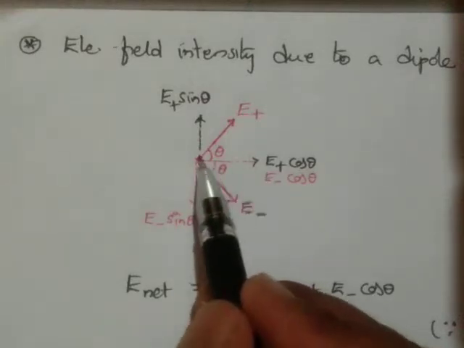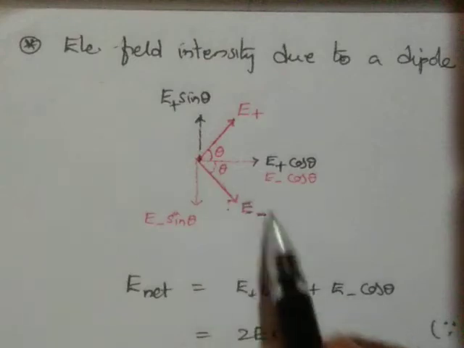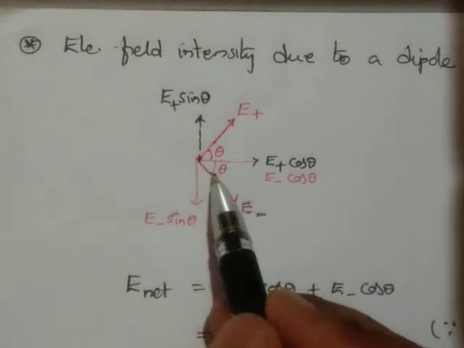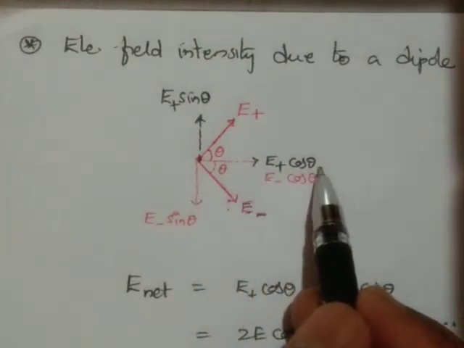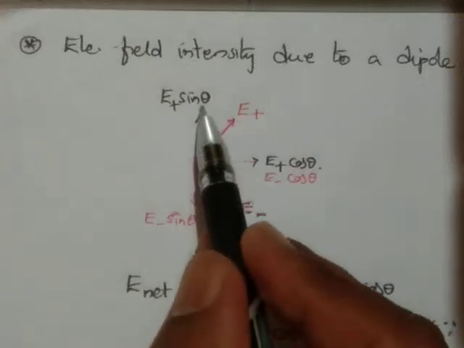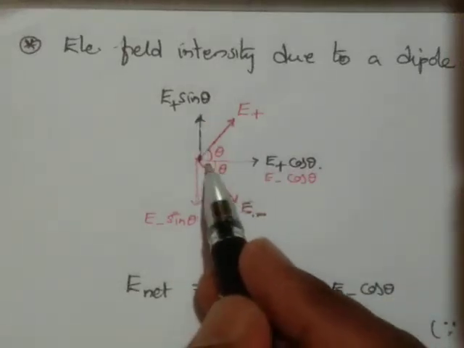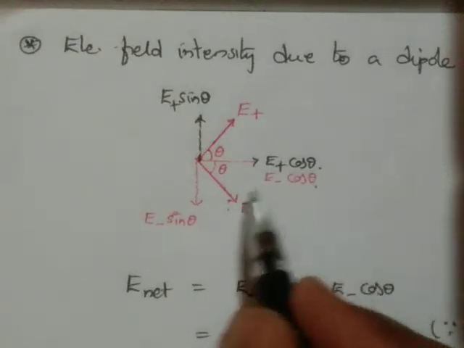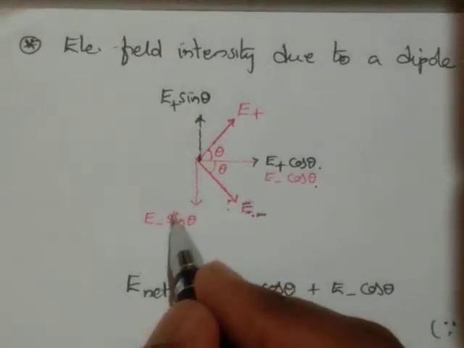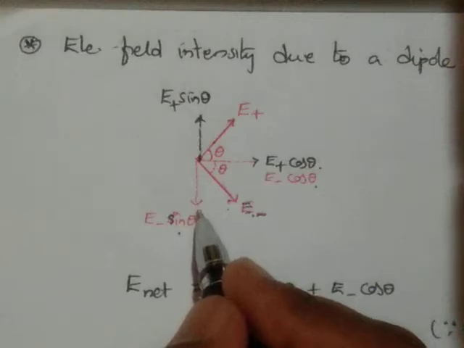So I have to resolve the two vectors E plus and E minus, such that E plus cos theta is acting like this and E plus sin theta is acting like this. Likewise, E minus cos theta is also acting towards my right and E minus sin theta is acting vertically downwards.